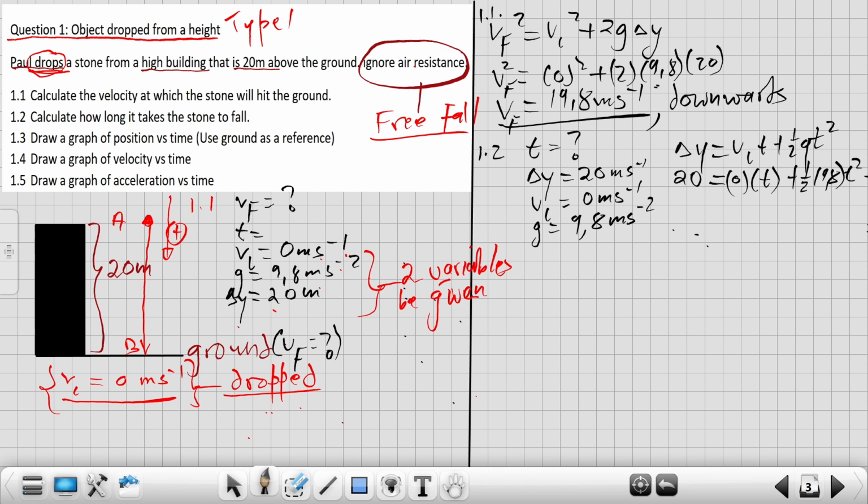Everything multiplied by 0 is 0, so this will fall off. Here I have something like 4.9 t squared equals 20, then divide by 4.9, then they cancel there, and then I eventually get my final answer as 2.02 seconds.